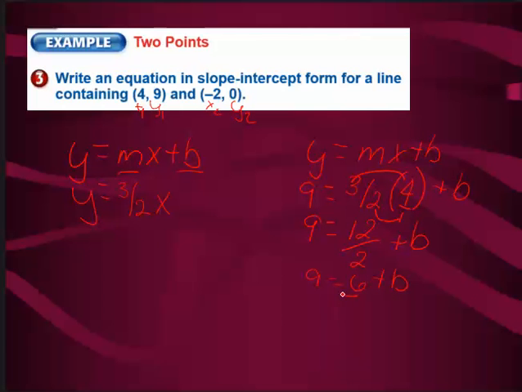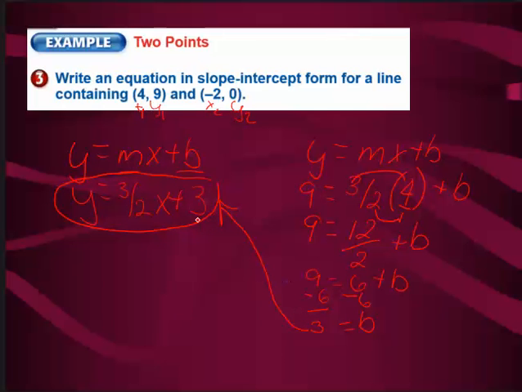Now I subtract to get b by itself, and b equals 3. So my b value here is determined by this method. And this is the equation of my line in slope-intercept form.